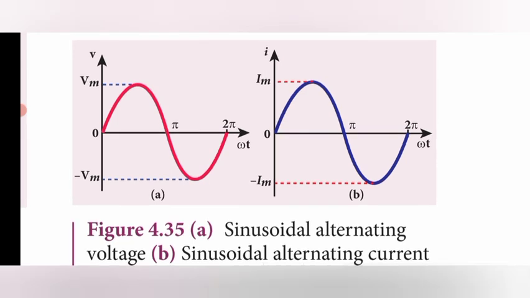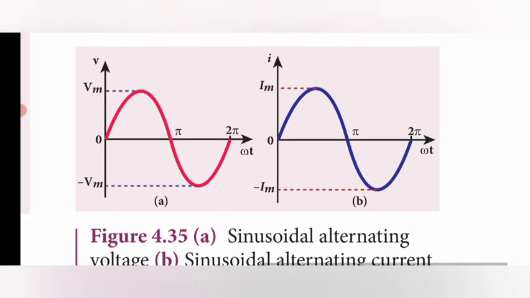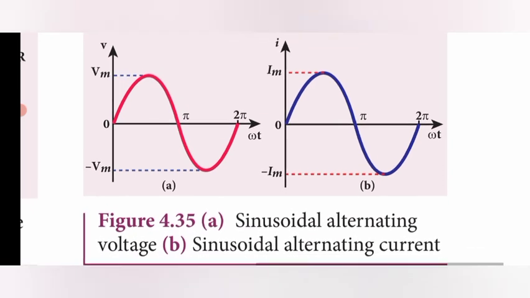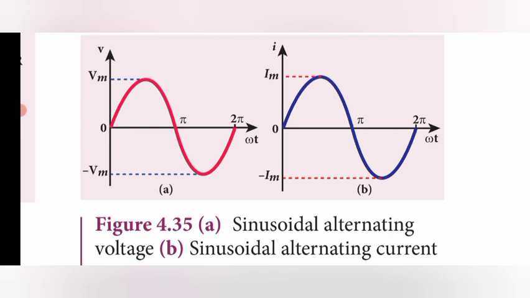Here the positive and negative wave is produced for 360 degrees, and the same kind of current value is also produced in the second graph B. Im is the maximum amplitude of the sine wave, the maximum current, and the same amount of negative current is also produced, which also produces a wave formation. So when the polarity changes positive and negative, it is called the alternating current.